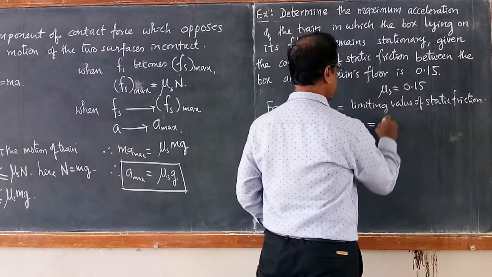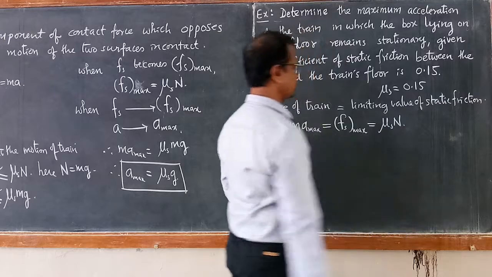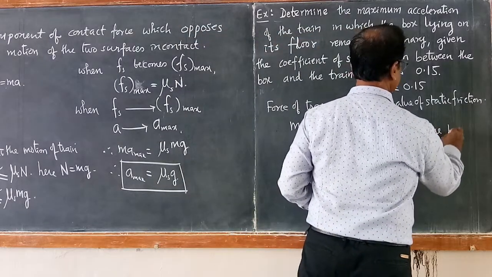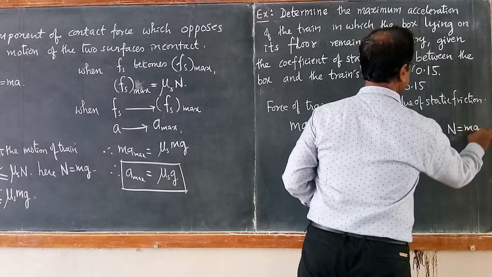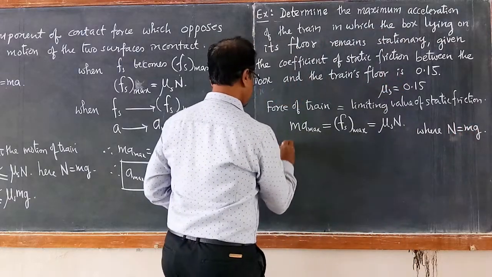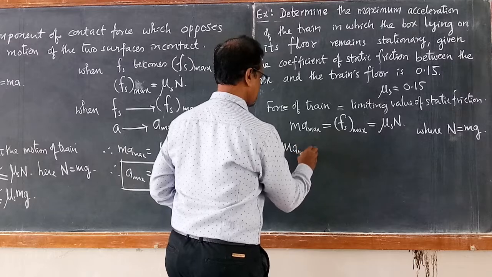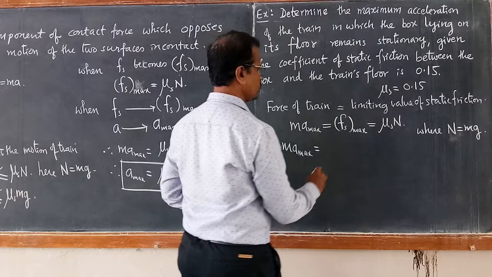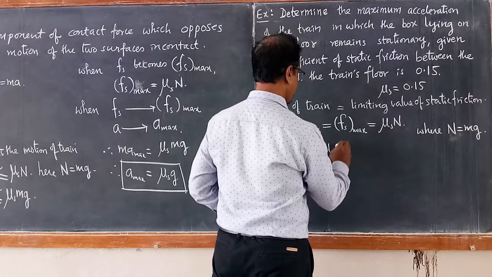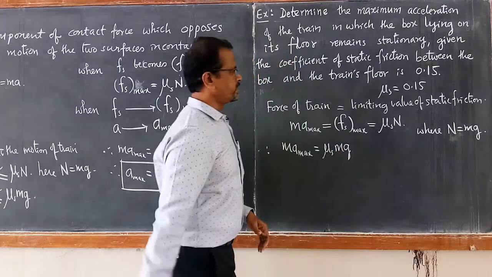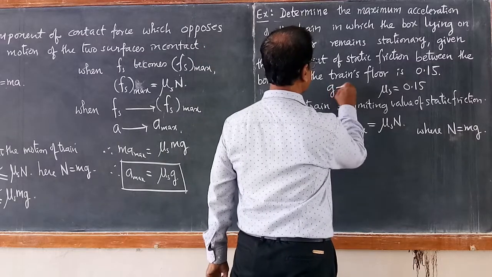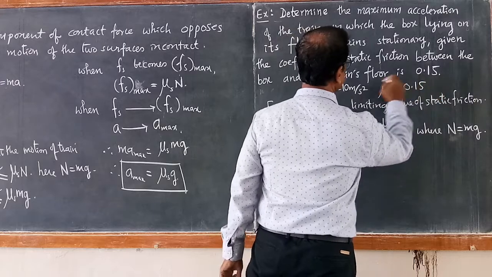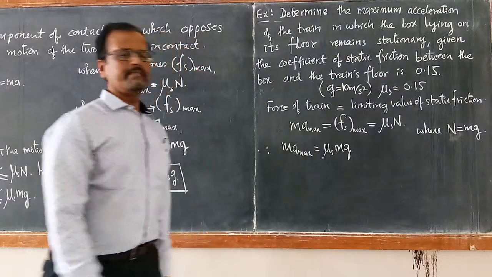Fs max is equal to mus n, where n is equal to mg. Therefore, ma max becomes equal to mus mg. Here it is given in the problem, take g equal to 10 meter per second square for simple calculation.